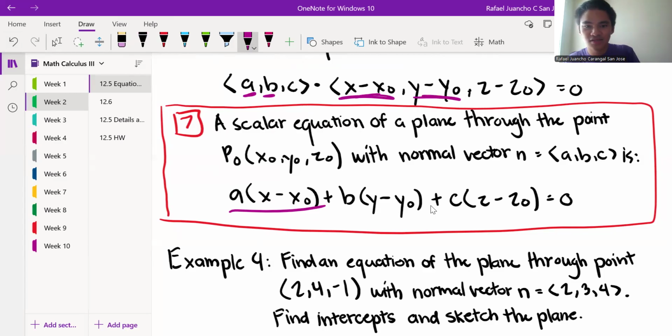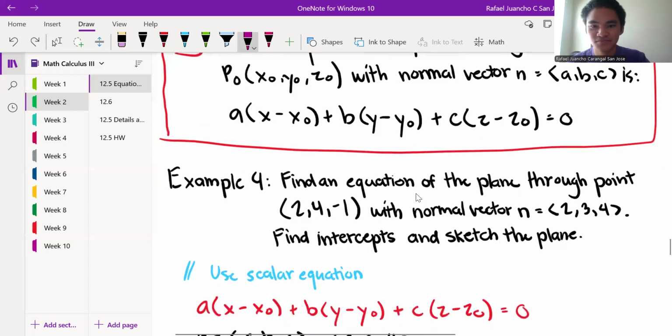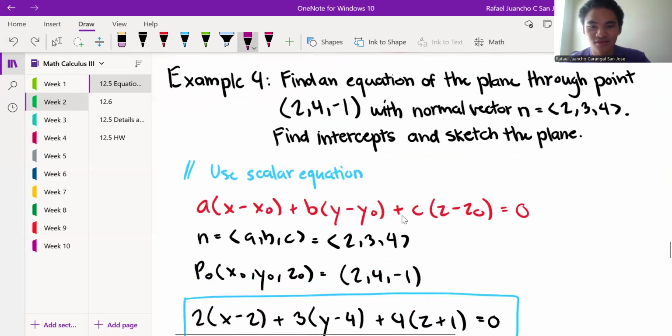B times this, C times this. And that should be 0. Yeah, so we defined it here that a scalar equation of a plane through the point x naught, y naught, z naught with normal vector n is this thing here, which is what we did. We just got the dot product.